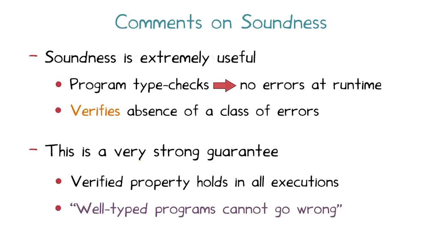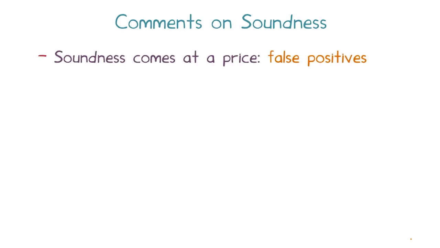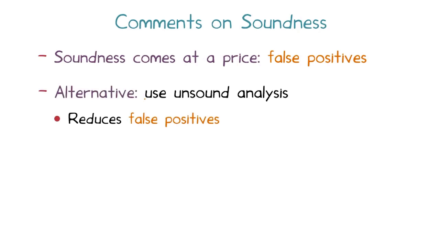But soundness comes at a price. Because of the undecidability of static analysis, a sound analysis that always terminates must occasionally generate spurious errors or warnings, that is, false positives, due to the abstraction that the analysis makes. This means that the sound analysis is incomplete. An alternative approach is to use an unsound analysis, which allows us more control over the false positive rate.